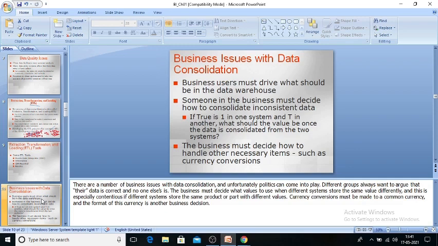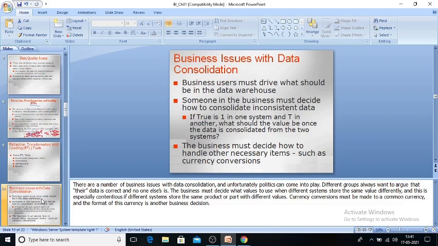If true is 1 in one system and T is in another system, what should the value be once the data is consolidated from the two systems? One system is following T, another system is following 1, and another system is following TRUE. But we want to make it consolidated. Consolidated means 1, T and TRUE should be consolidated to a single format.